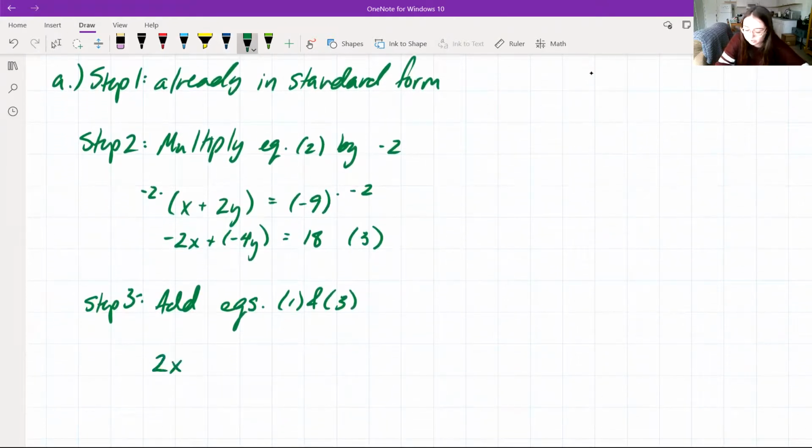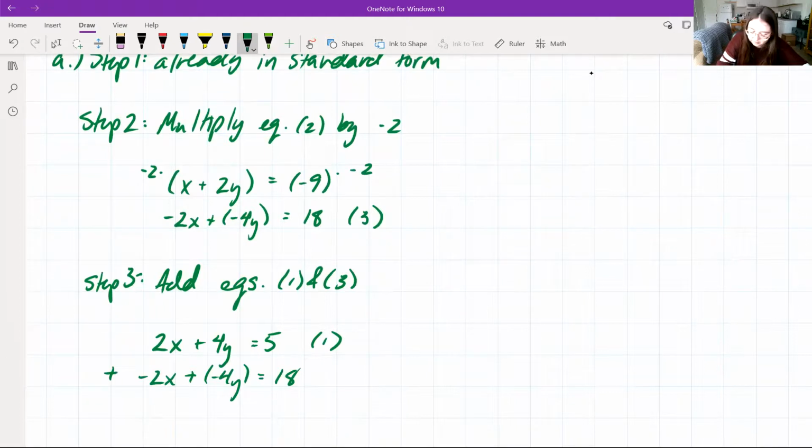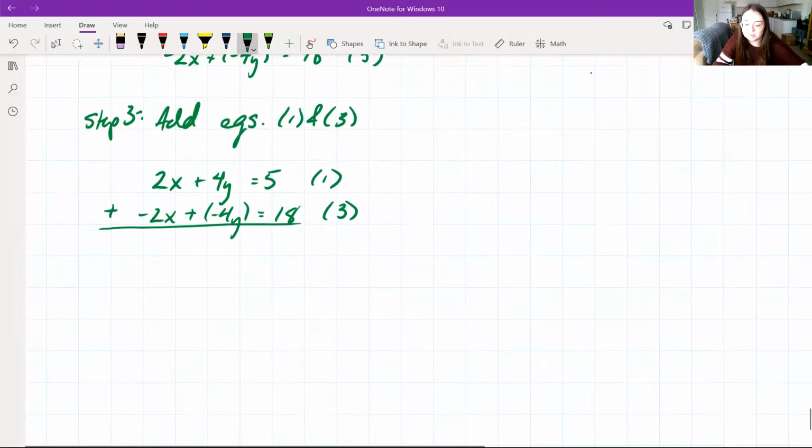So our first equation was 2x plus 4y is equal to 5. This is our equation 1, and equation 3 is negative 2x plus negative 4y is equal to 18. And we're adding these equations.